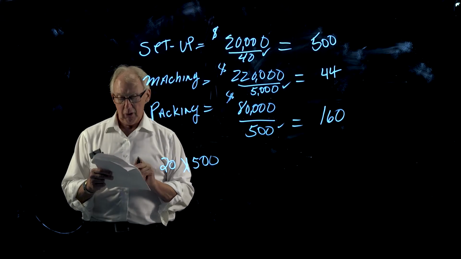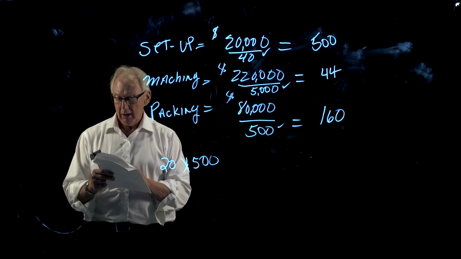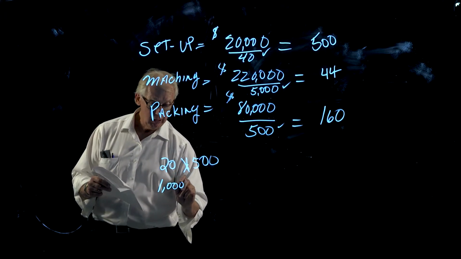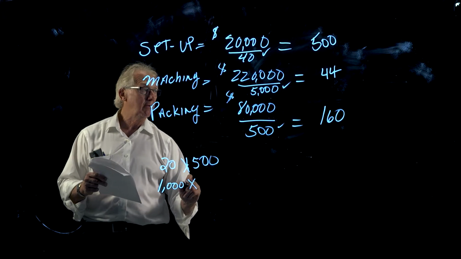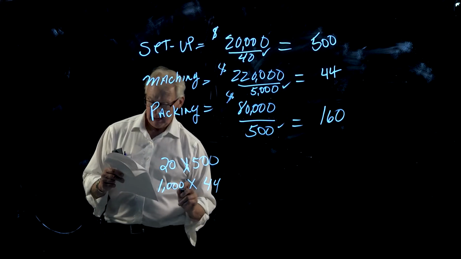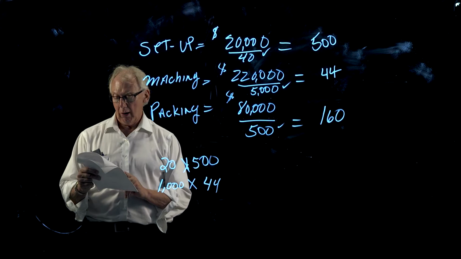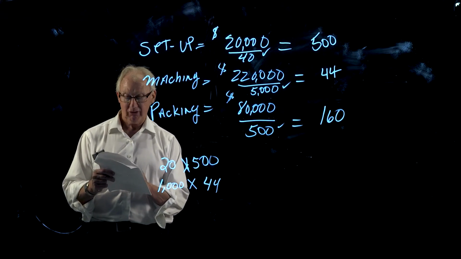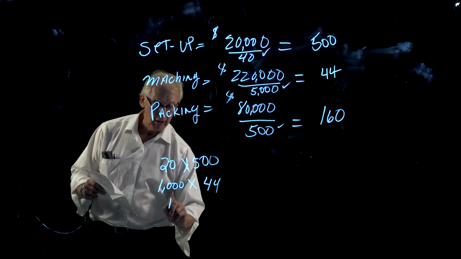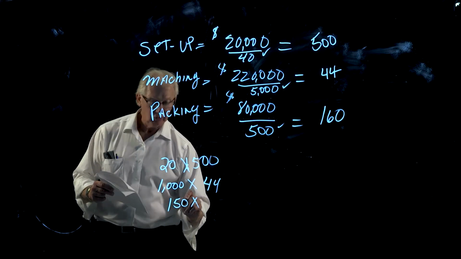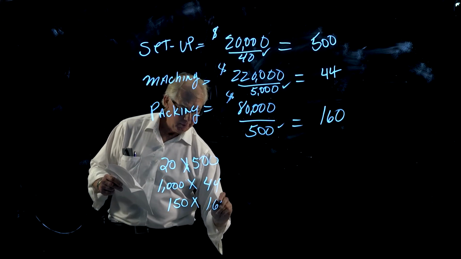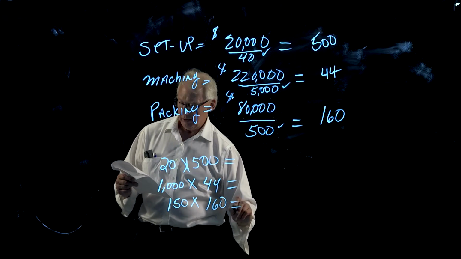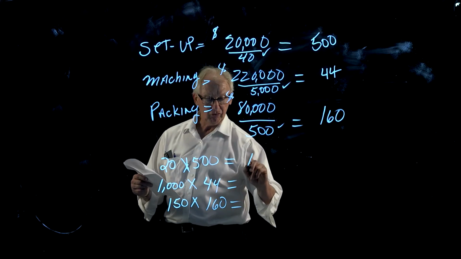For machinery, there's 1,000 machine hours for A1, and the rate for machinery is 44. And for orders packed, there's 150 orders packed for product A1, so 150 times 160. Let's multiply those out and see what we get. 20 times 500 should be 10,000.